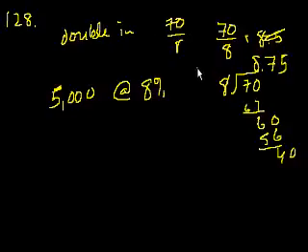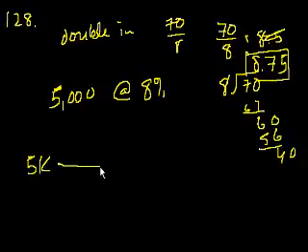So this isn't exact, but you're going to double your money roughly every 8.75 years using this formula at an 8% interest rate. And they ask, what will be the total amount of the investment 18 years later? 18 years is roughly 2 doublings, right? You start with 5K, and after 8.75 years you're at 10K.